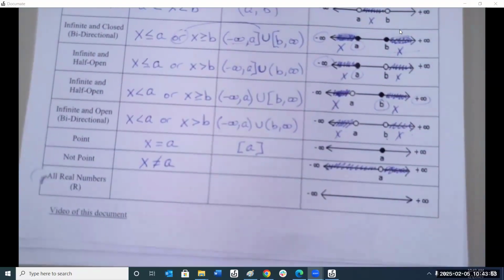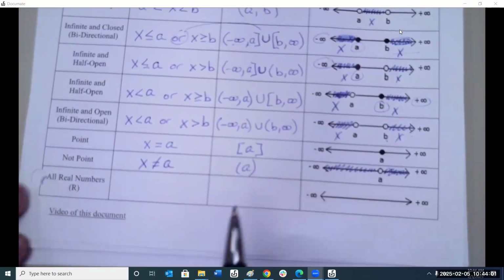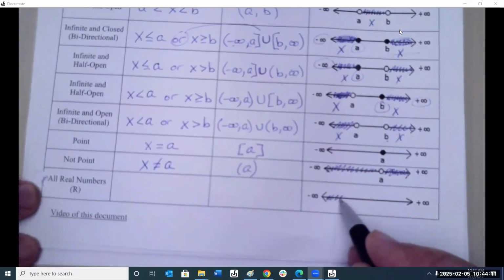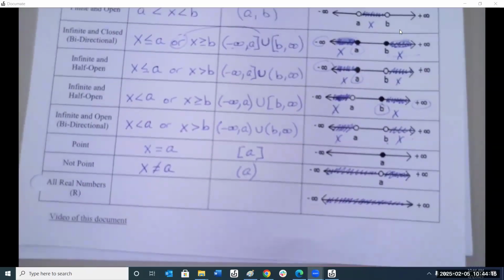How about the interval? If I use a parenthesis, I can't use that number. So what this says is X can be anything but A. How about this one? From negative infinity to positive infinity.